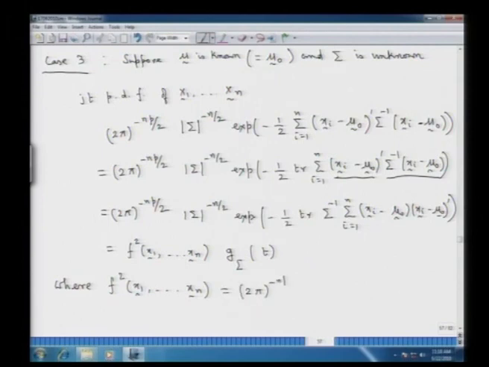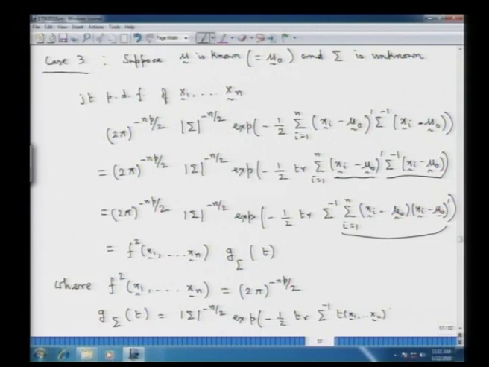So, this is (2 pi) to the power minus np by 2, and this g(sigma, T) is basically determinant of sigma to the power minus n by 2 and e to the power minus half trace of sigma inverse times T, where I denote this entire quantity what we have here as this T matrix. Now, that T matrix is a function of x1, x2, xn only, because mu naught is known to us.